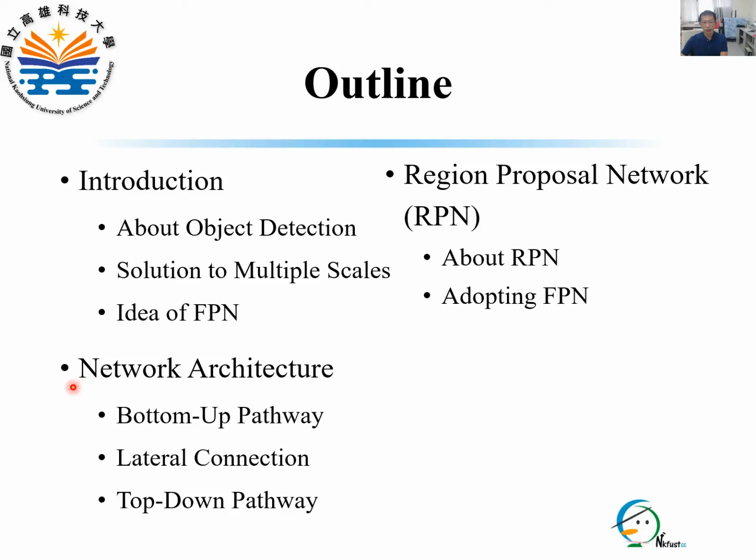Network architecture about the main components of FPN, including bottom-up pathway, lateral connection, and top-down pathway. Region proposal network about the brief description of RPN for generating rectangular bounding boxes that possibly contain objects, and the way for adopting the FPN for object proposal generation.